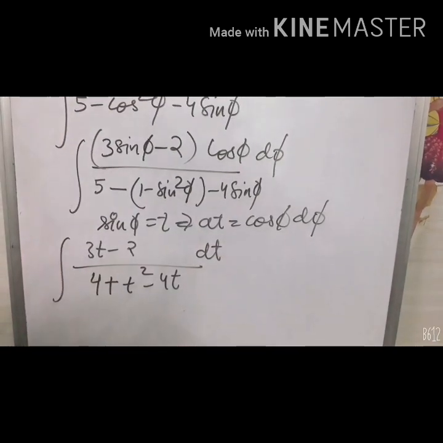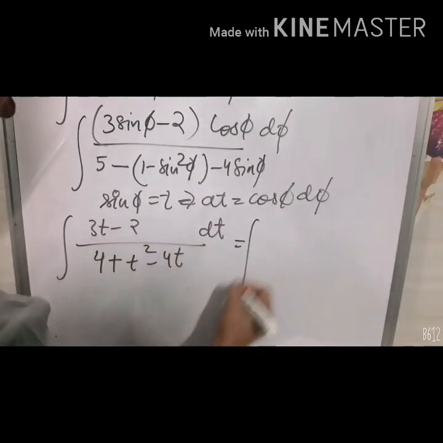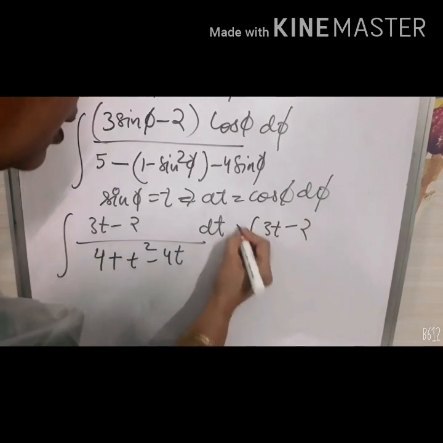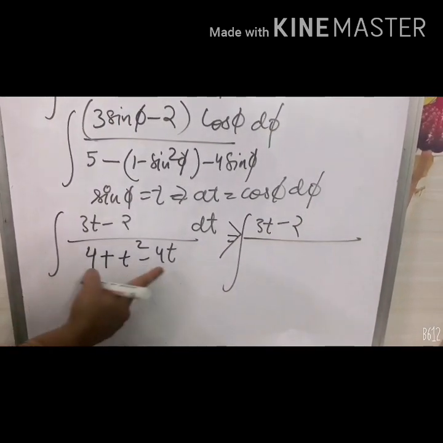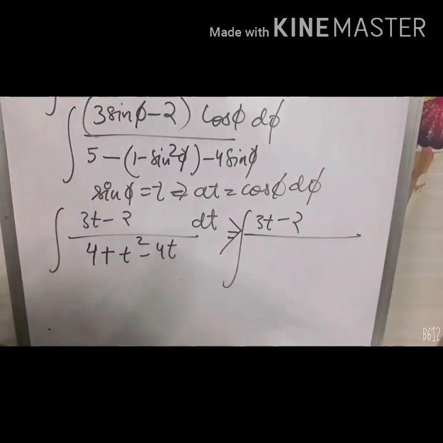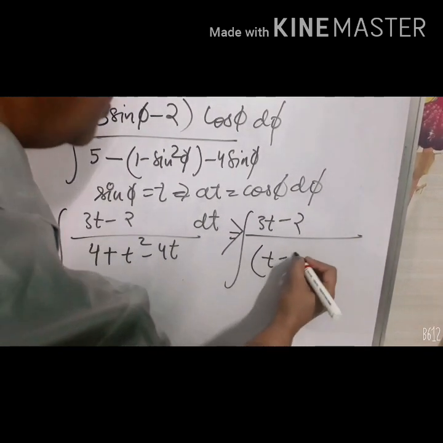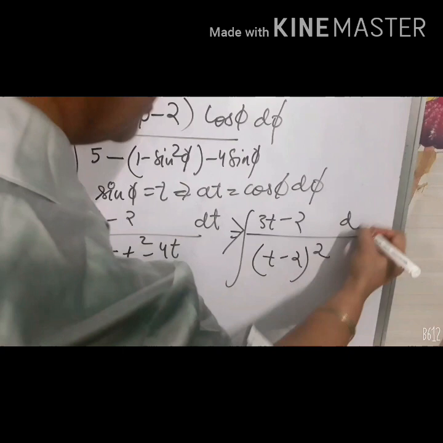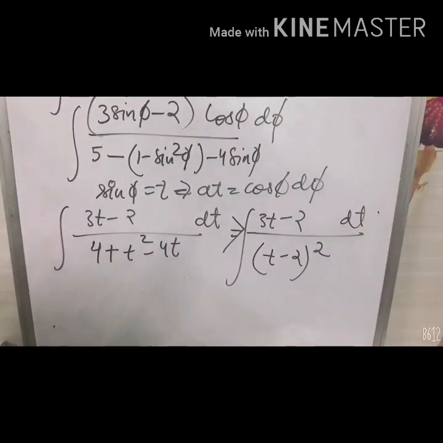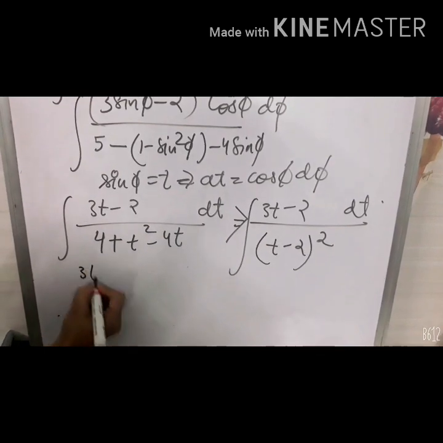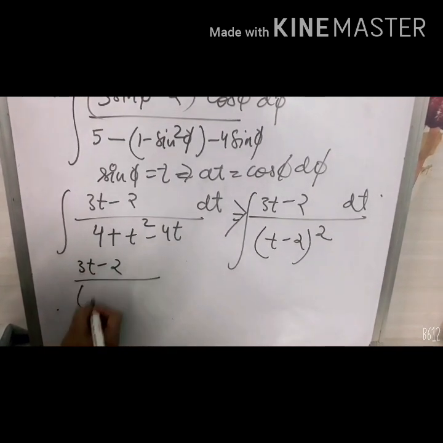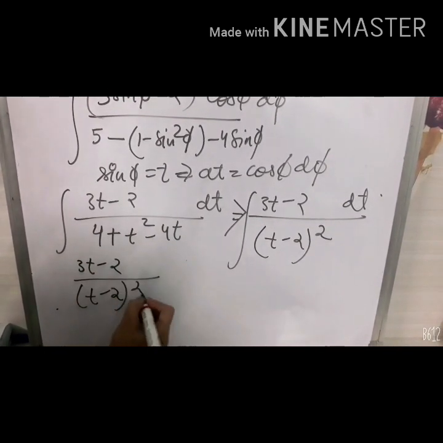So simple. Now it becomes 3t minus 2. Now, can you see t square minus 4t plus 4 becomes t minus 2 whole square? Correct? Now again remember the forms. I will take 3t minus 2 by t minus 2 whole square.